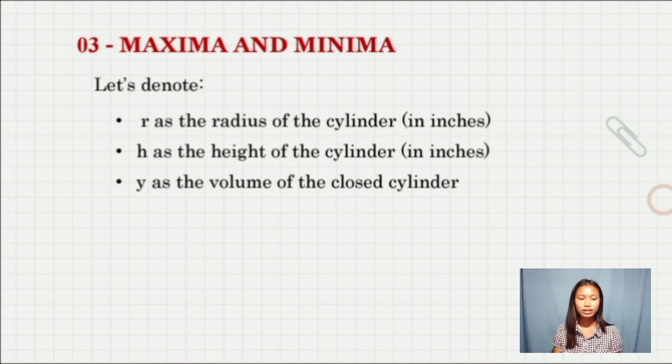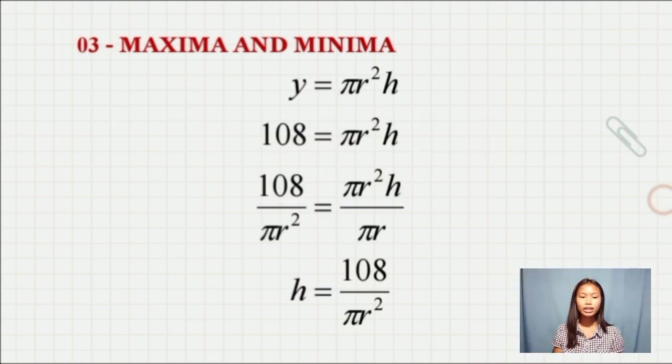Let's denote r as the radius of the cylinder in inches, h as the height of the cylinder in inches, and y as the volume of the closed cylinder. So y equals pi r squared h. We know that our y is 108, so we will substitute 108 for y.